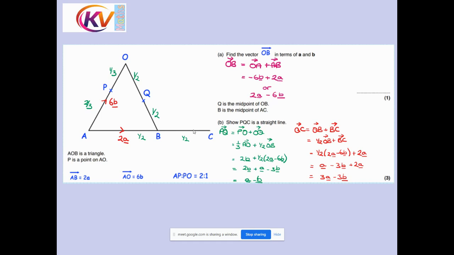Anyone spotted that magic word I'm looking for? Good, they're parallel. Why are they parallel? Again, what's the other magic word I'm looking for?